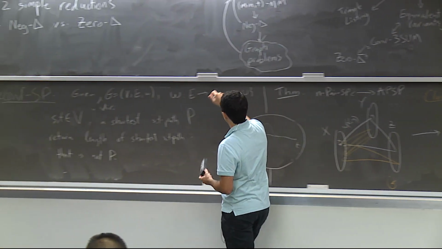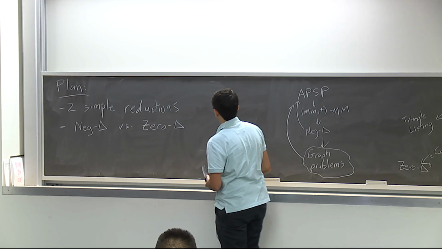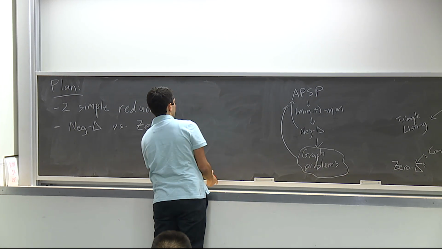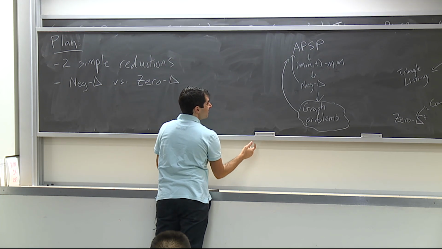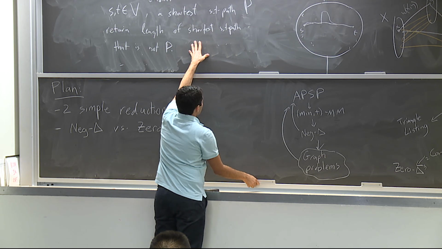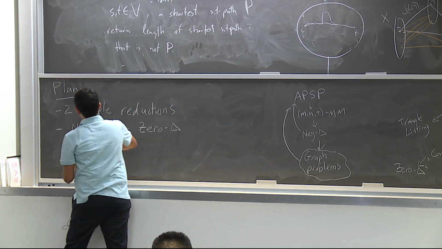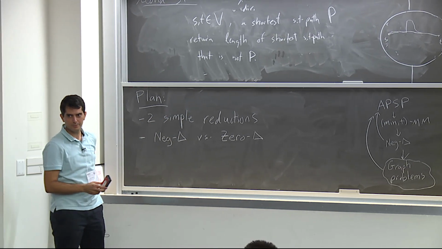Let's do it here. So again, we're reducing from negative triangle. It's just going to look a little bit different.